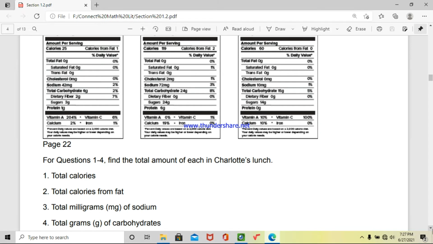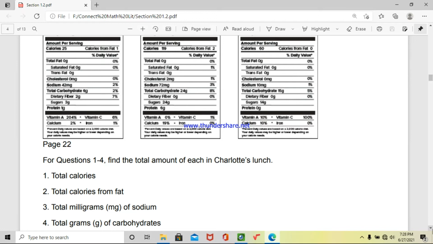So the question is, there are 4 questions. The first question is the total calorie in Charlo's lunch. The second question is total calorie from fat. The third question is total milligram of sodium.